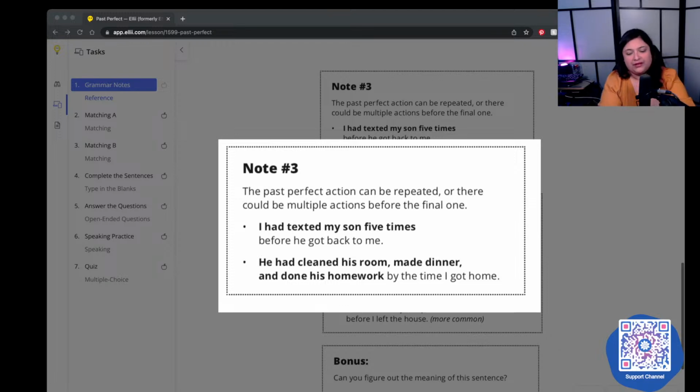For an example, I had texted my son 5 times before he got back to me. So this is a repeated action. The mom texted her son 5 times before the second action occurred, before the son got back to her.